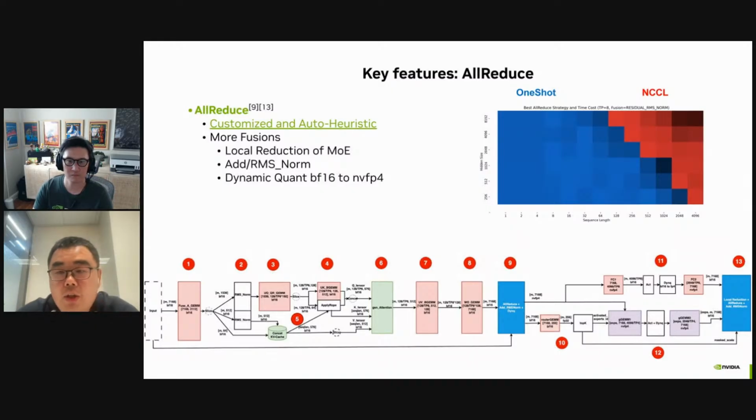This picture has shown our heuristic boundary, with or without RMS norm and residual taken into consideration. And for our workload scenario with token 4 and hidden size 7K, of course, the one-shot AllReduce with fusion has better perf.